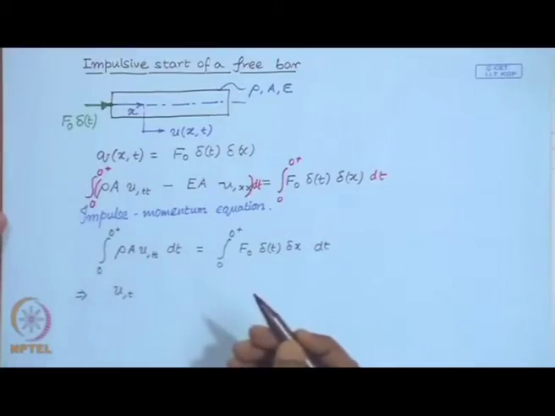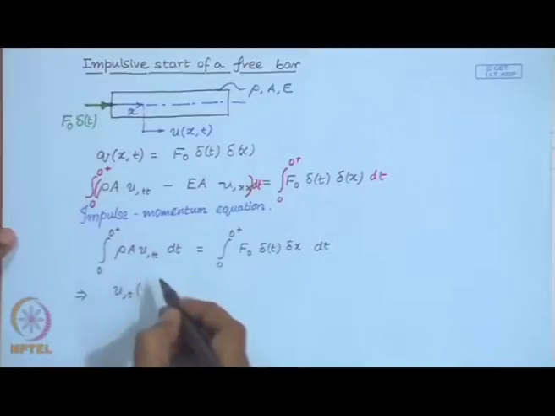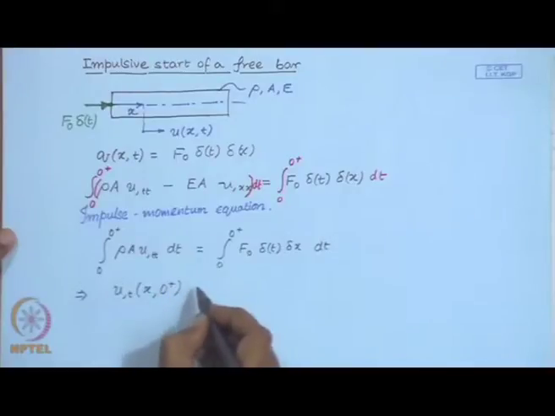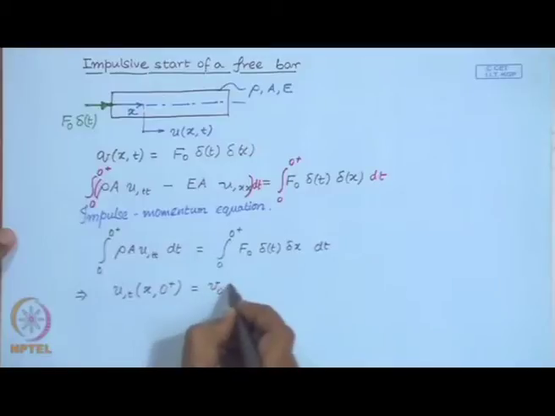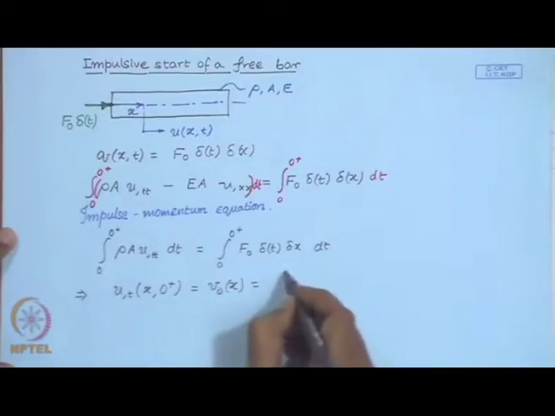this gets integrated once and the velocity at 0 is 0. So the velocity just after the impulse is what we obtain, represented by v naught of x. This is the distribution of velocity just after the impulse.